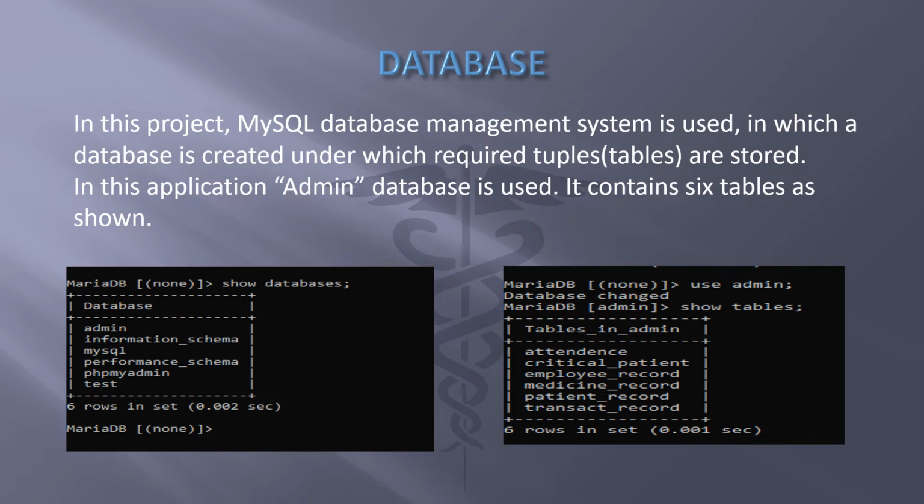As we can observe, the database name is admin, and under admin there are 1, 2, 3, 4, 5, 6 tables: the attendance table for managing attendance, the critical patient table for managing the critical patient record that I explained earlier, the employee record for managing employees by the administration, administrative controls, and the medicine record, managed by employees and the admin itself, the patient record, and the transaction record, that is transact underscore record.